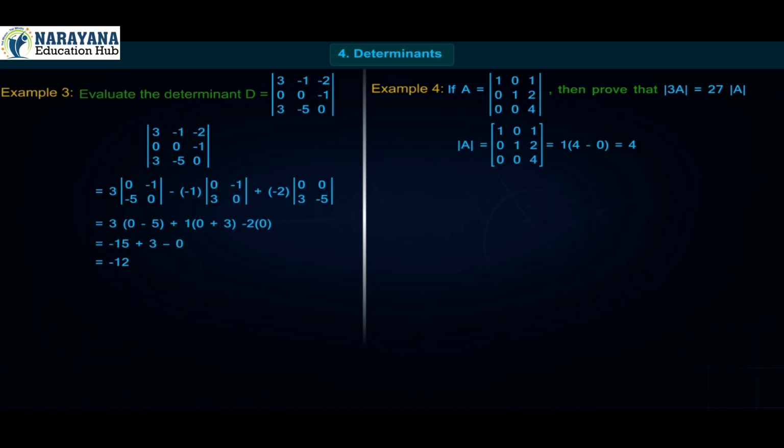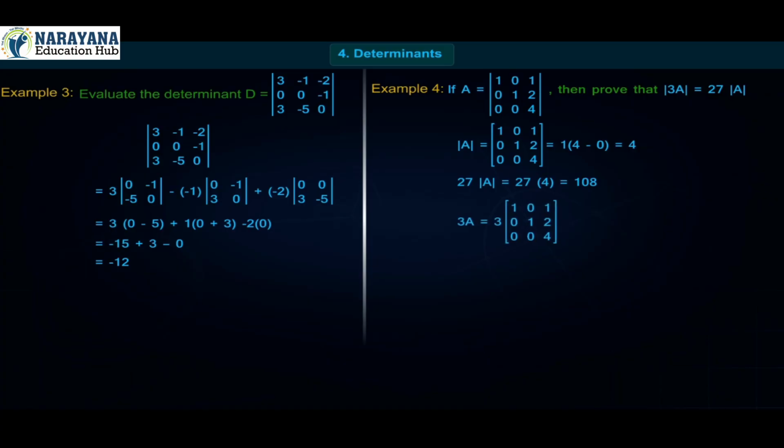Let determinant of A is equal to determinant 1, 0, 1, 0, 1, 2, 0, 0, 4 is equal to 1 into 4 minus 0 is equal to 4. 27 into determinant of A is equal to 27 into 4 is equal to 108.